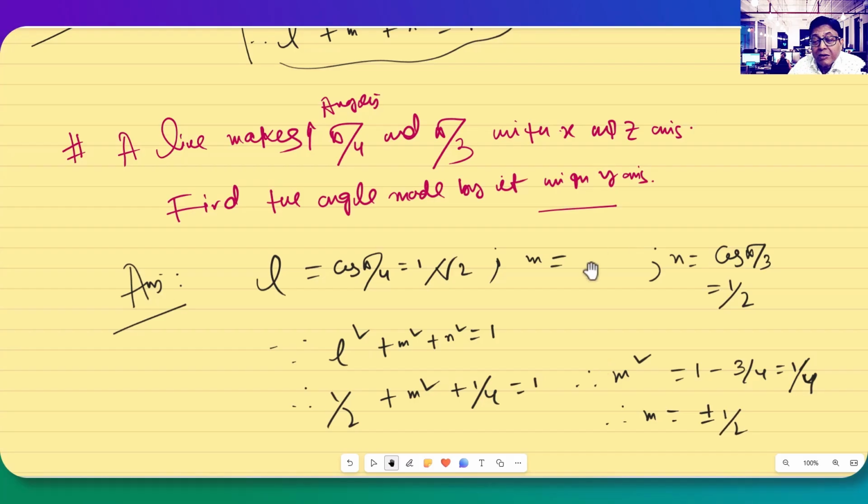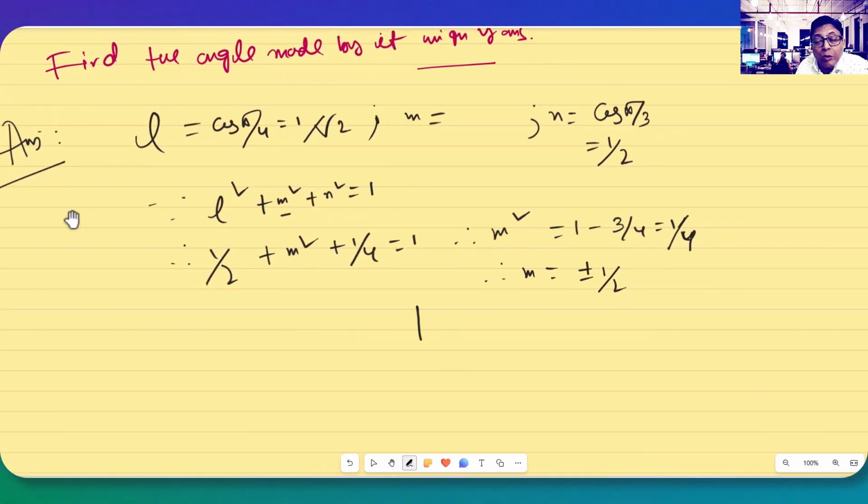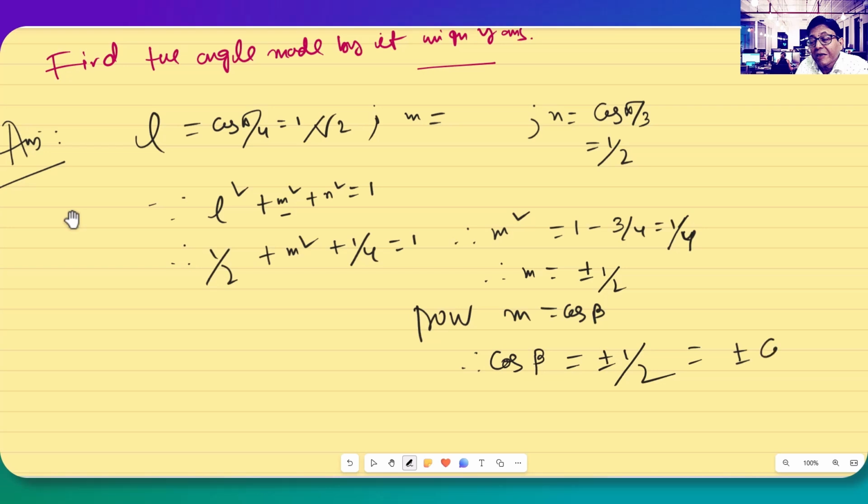M means what? M is the direction cosine of the angle made by the vector with the y-axis. Now, M equal to cos beta. So, cos beta is equal to plus minus half. This will give us plus minus cos pi by 3.